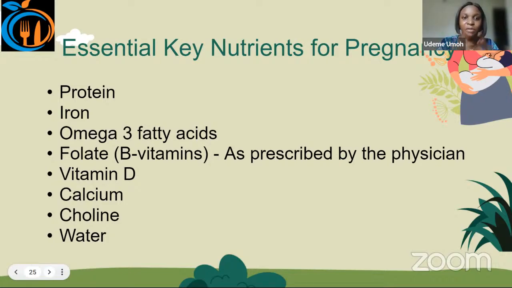Now, the next one is B vitamins, folates. That one, we are very familiar with. Once a woman is pregnant, take your prenatal vitamins. Some people call it folic acid and some people call it folates. But B vitamins generally are very, very important for the development of red blood cells, because even with the iron, the blood you want to produce will also require B vitamins.